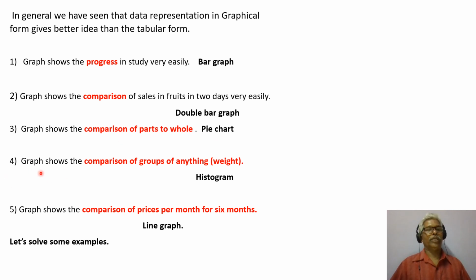Fourth: a graph that shows comparison of groups of anything, that is weights, histogram. Fifth: comparison of price per month for 6 months, line graph. After having seen this, they are all comparisons of different quantities and different weights.